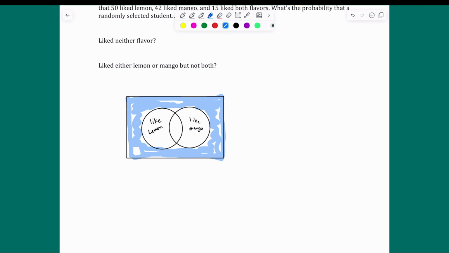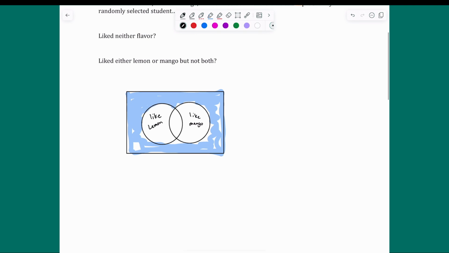Okay, so in order to find that, we can use the complement idea. And the complement idea says the following: the probability that a student liked neither flavor is equal to, by the complement rule, 1 minus the probability they liked lemon or mango.